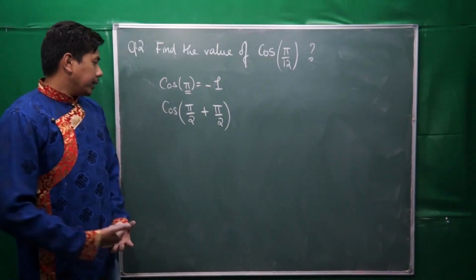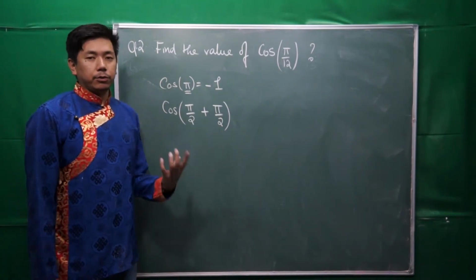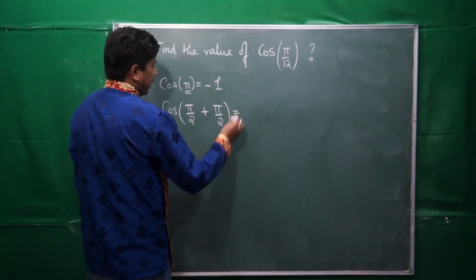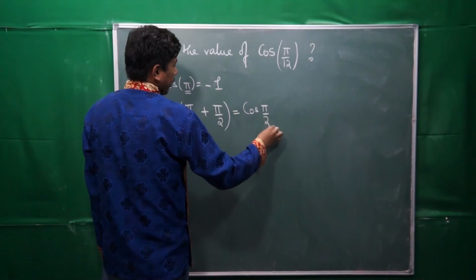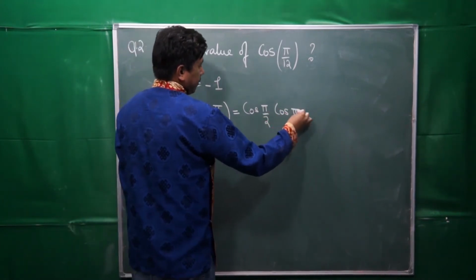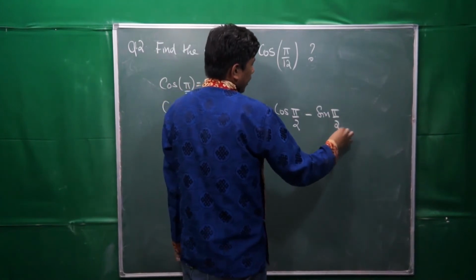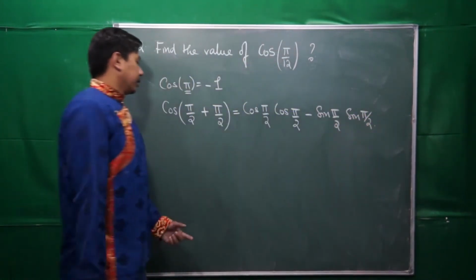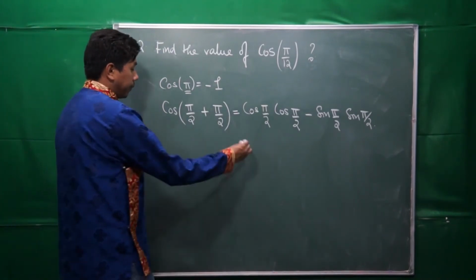Now why is it broken? Because it's easier to see. These are known values, cos 90 or sine 90. So if you solve it, I'm going to get cos A cos B minus sine A sine B. That being said, A and B are both 90 degrees, so you don't have to worry about that.